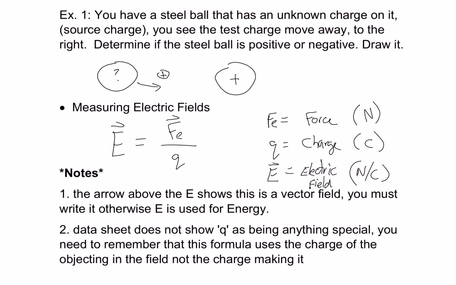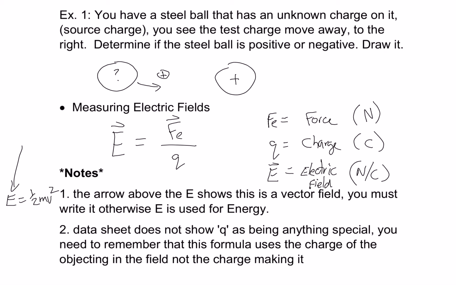A couple of key things to be aware of with this formula. First off, the E has a little vector arrow above it. We must remember that that is for electric fields. In other formulas, we've had E for kinetic energy, potential energy, those kinds of things. And that E in any of those formulas doesn't have the vector sign.